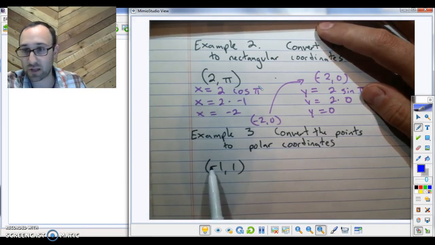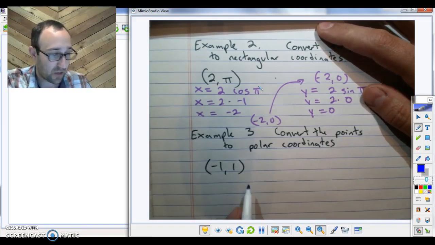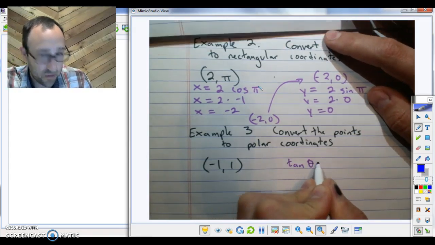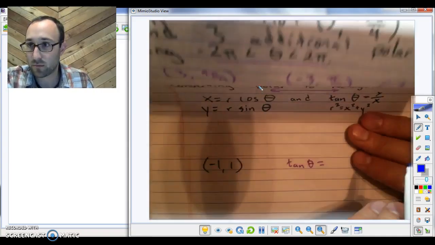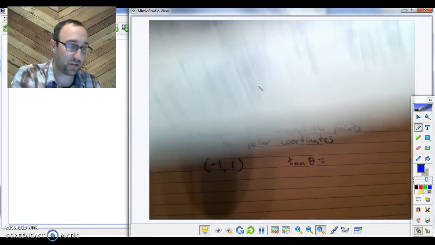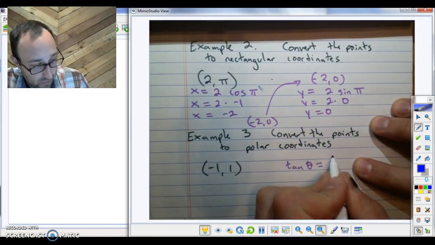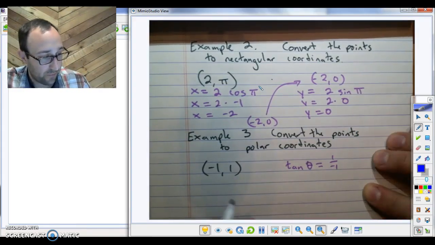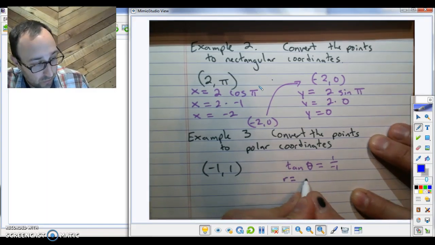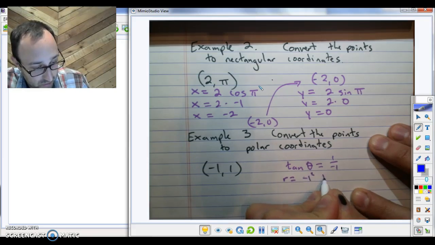Alright, good. So example 3, convert this point to polar. So now we have rectangular, or Cartesian, and let's get it back to polar. So I know that tangent theta is going to equal y over x. Y is 1 over negative 1. And then we know that r is going to equal the square root of negative 1 squared plus 1 squared.